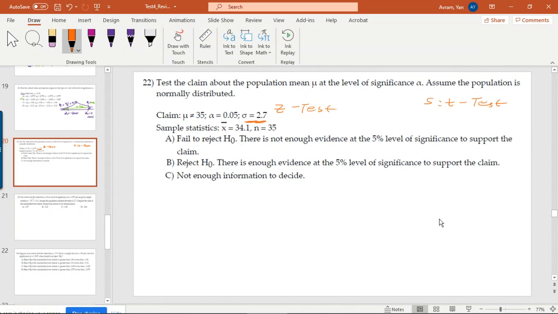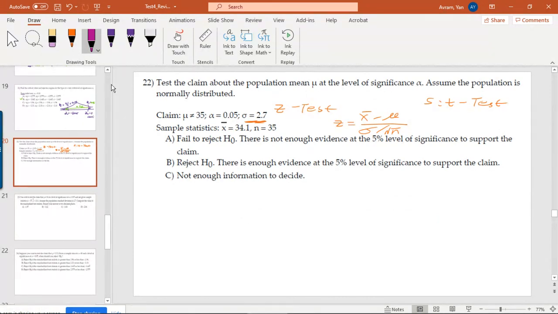So the good news is for the z-test, we have a z-score is x bar minus mu over sigma divided by square root of n. This is the only formula for the z-test. And the good news is we did calculate this formula before. So the calculation is nothing new, but the concept is brand new, okay?